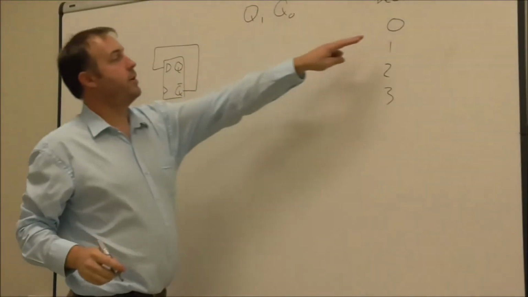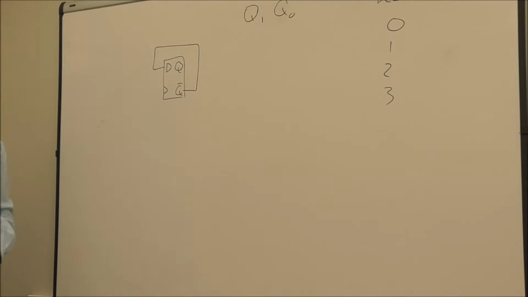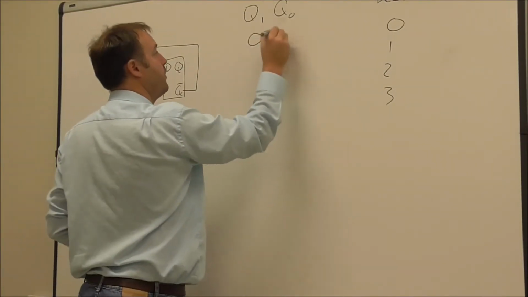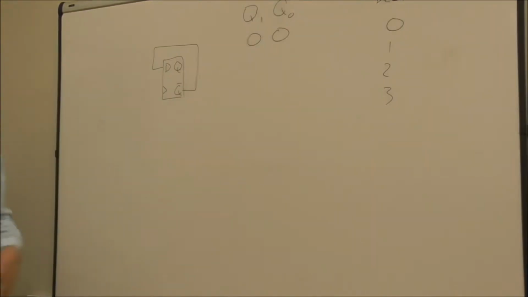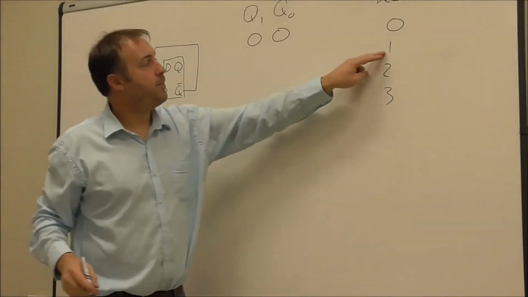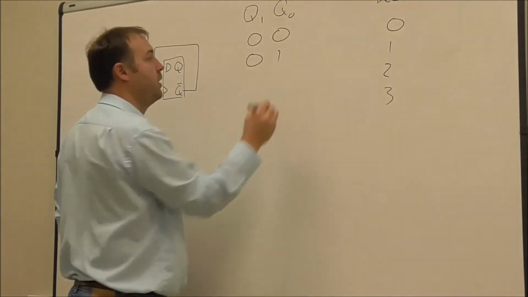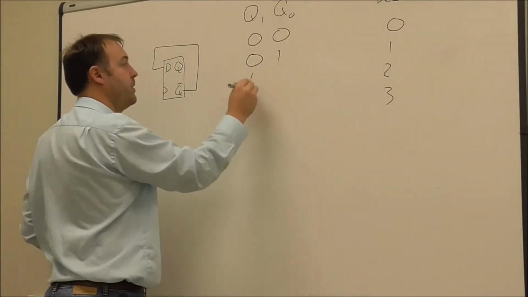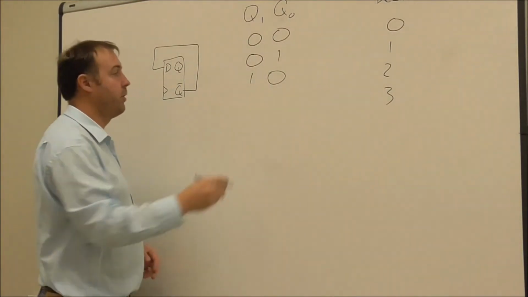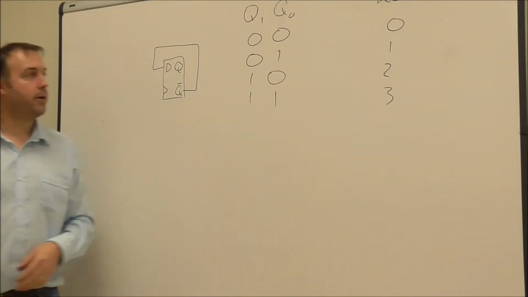The 2-digit binary representation of 0 would be 0, 0. For the next one, the binary value for 1 is 0, 1. Binary value for 2 is 1, 0. And binary value for 3 is 1, 1.